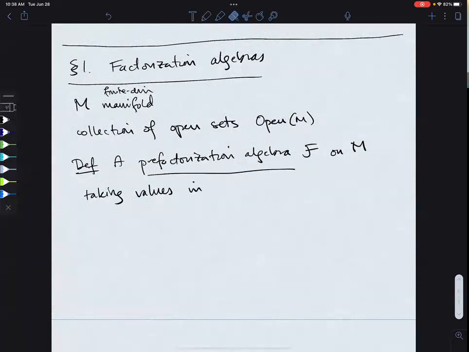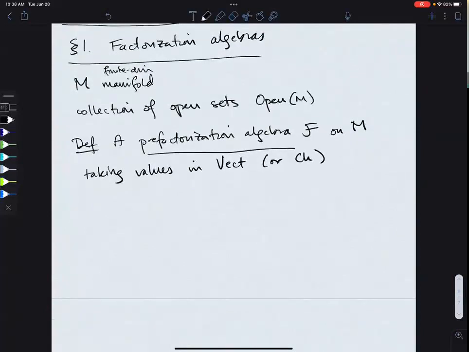Let me say in the category of vector spaces, or if you want, in chain complexes. Chain complexes are what I actually want in the long run, but you can just think about vector spaces for the sake of concreteness. It consists of the following data.